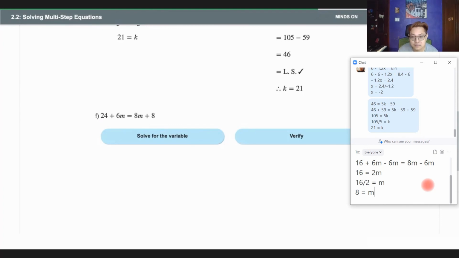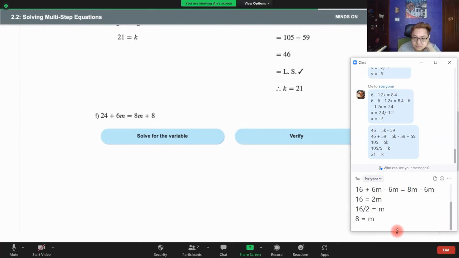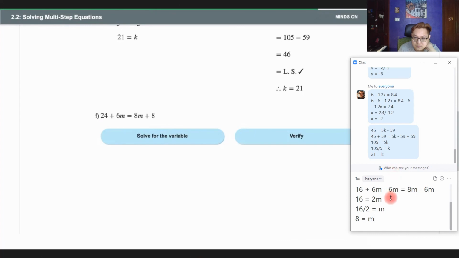And then bring 8 to the left side, and then you subtract it. 6m minus 8m is equal to negative 2m.